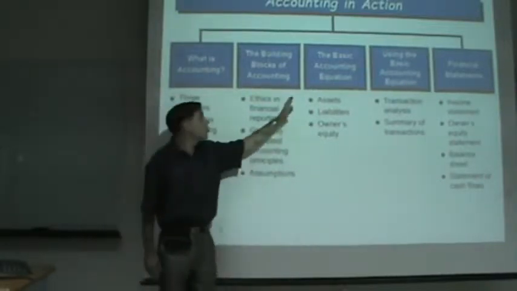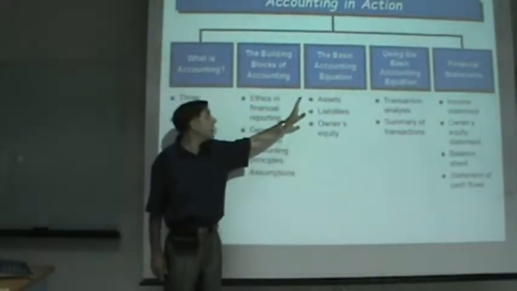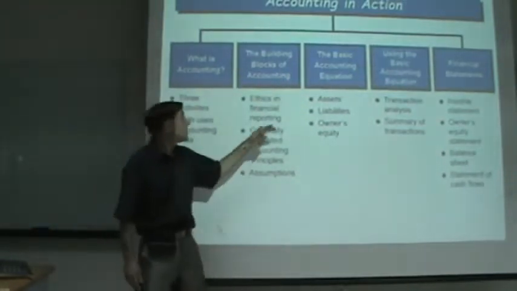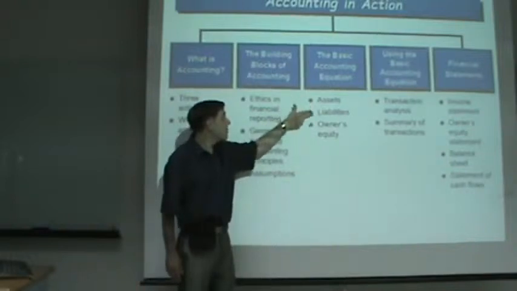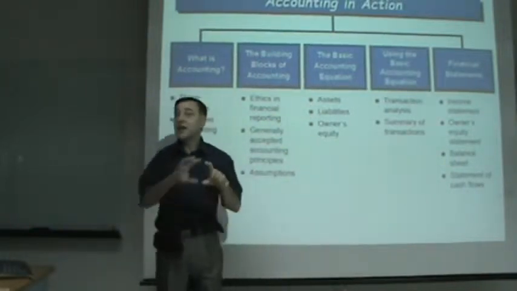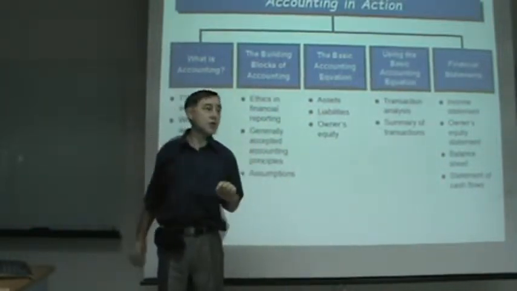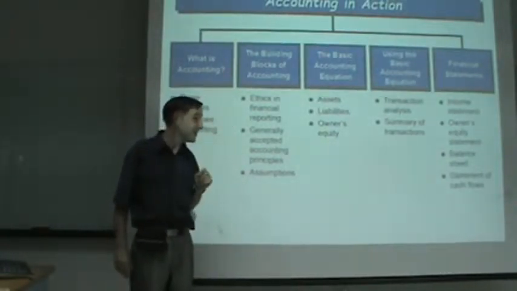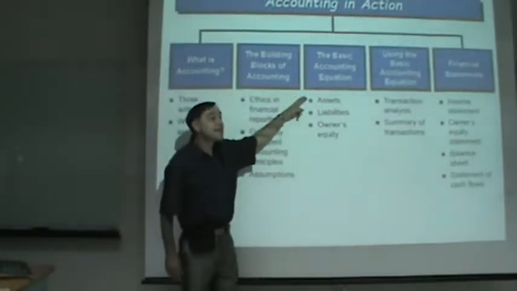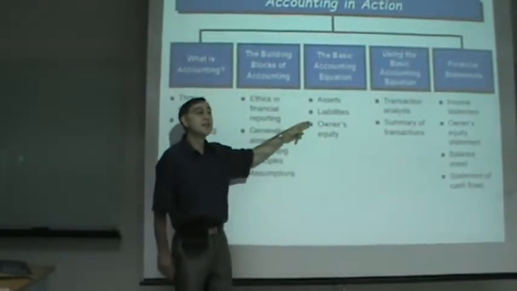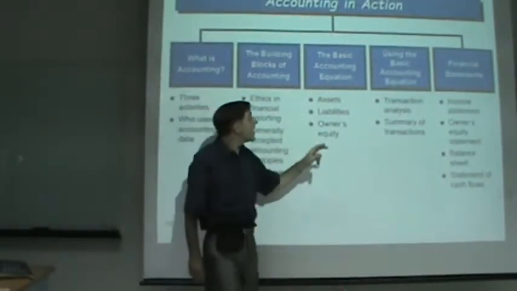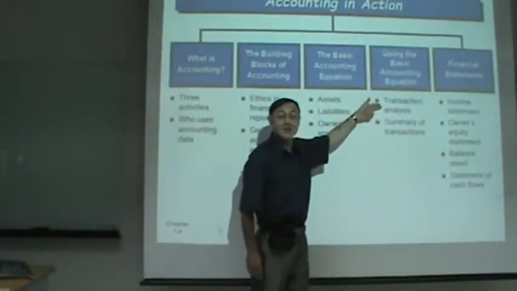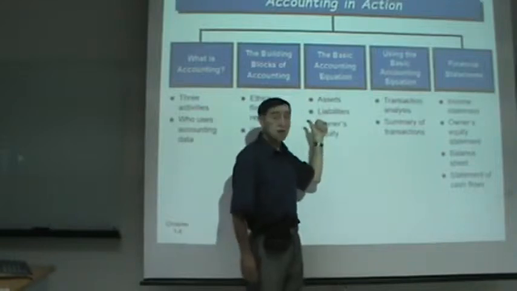And then we get to the foundation of accounting, which is the basic accounting equation. It's assets, liabilities, and owner's equity in the form of a formula. Then we're going to do some basic transactions, transactions with the accounting equation.